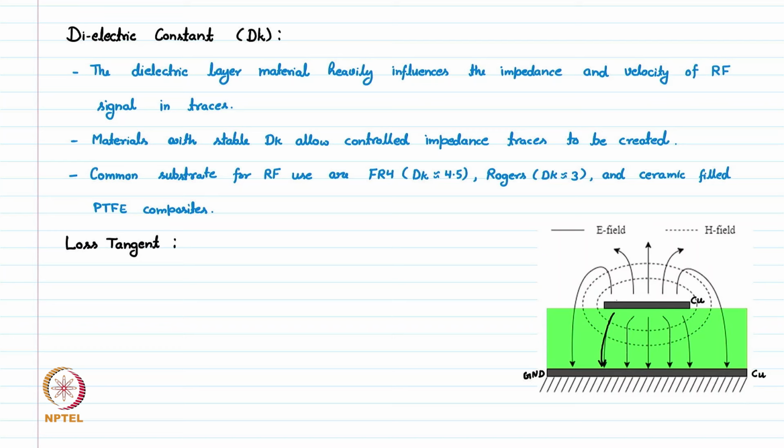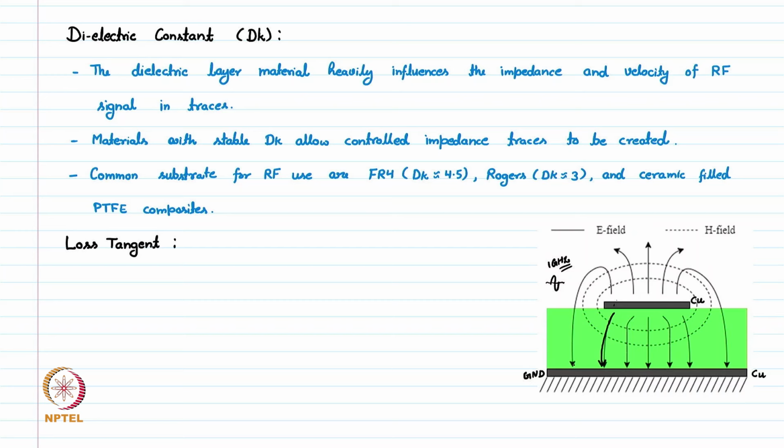Now, the frequency of this signal is very high. It means in 1 second the signal is going up and down many times if we consider 1 gigahertz frequency. So, in 1 second 10 to power 9 times the signal is increasing and decreasing, assuming it is a sine wave. So, the frequency is 1 gigahertz. So, all these fields which are generated by these microstrip, they are also switching at the frequency of 1 gigahertz.